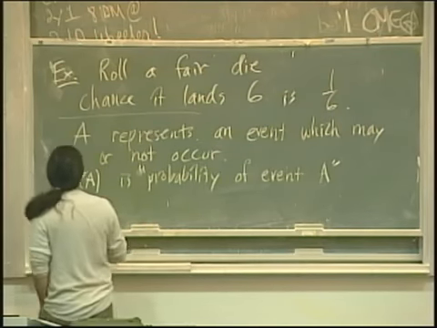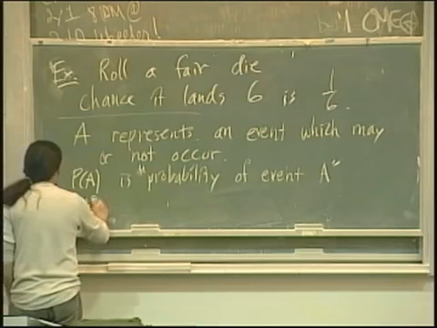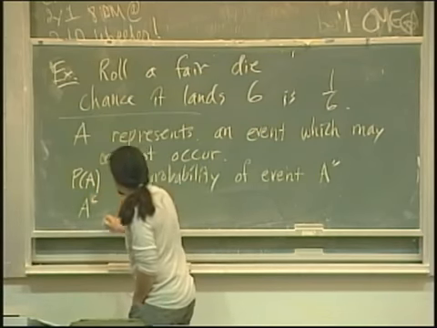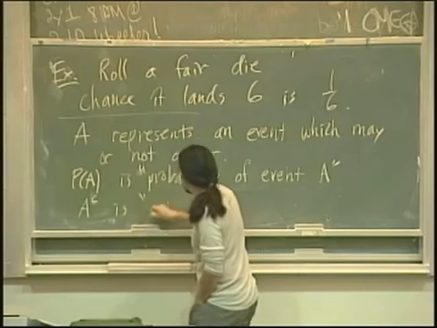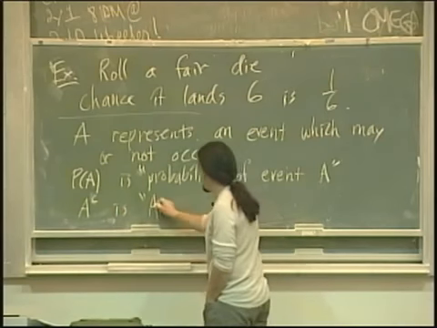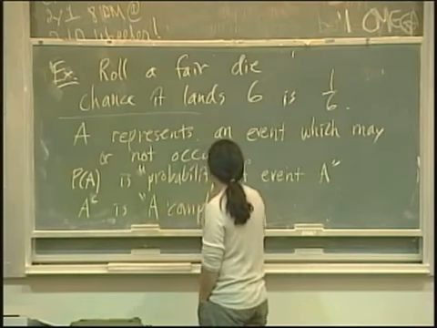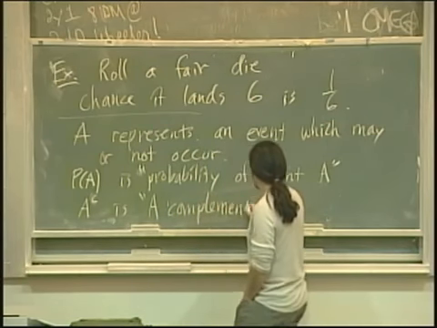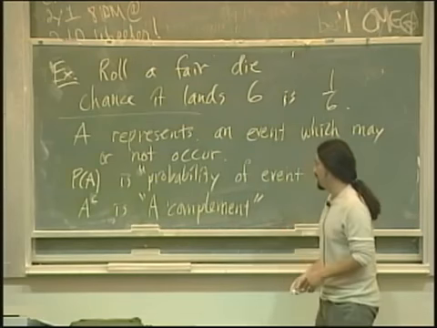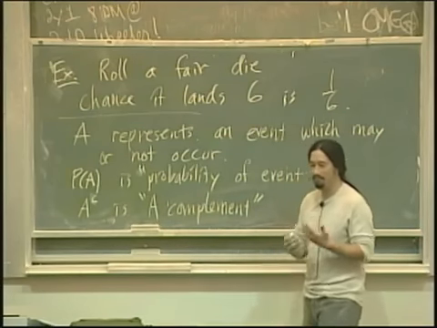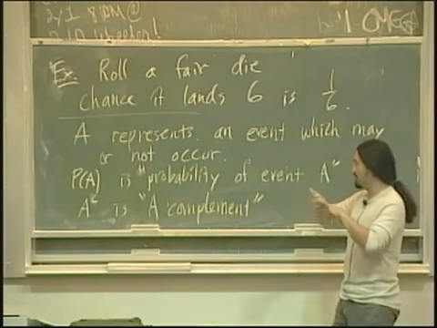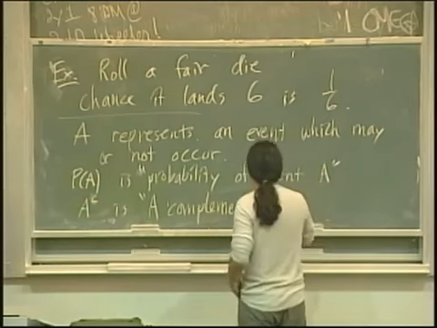And one more thing I wanted to write down is this. A with a superscript C, we read that as complement. And that's not like a compliment like, hey, nice dice. It's like a complement like everything else. It's like the other stuff.